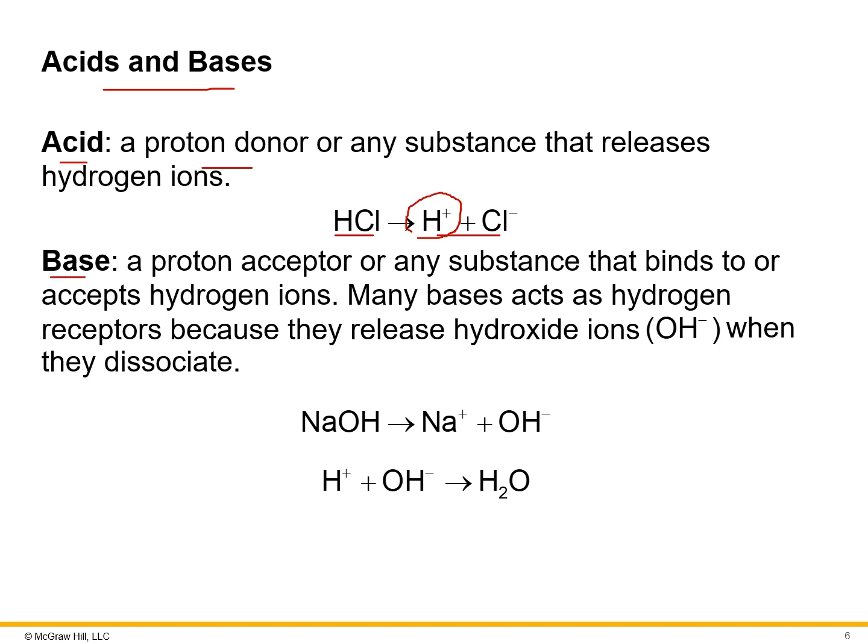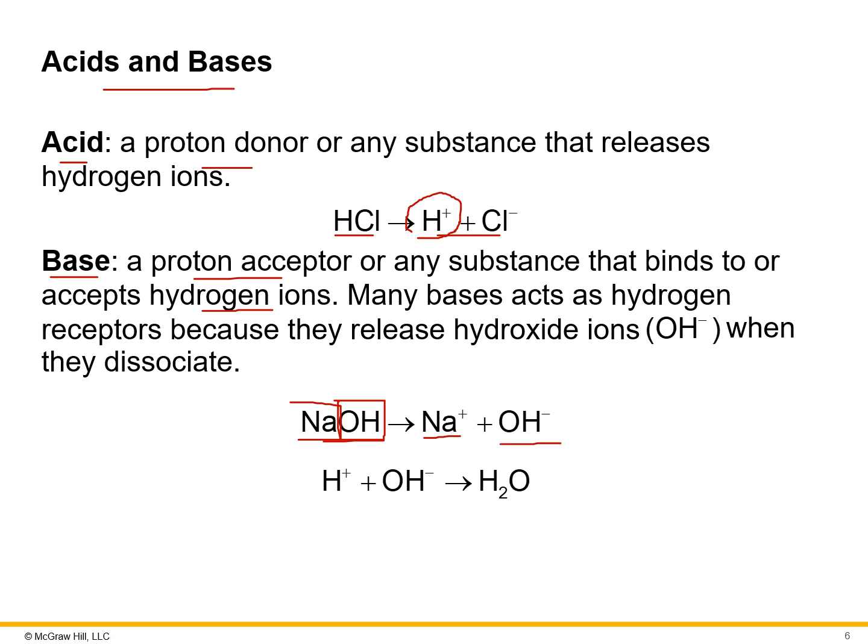The opposite of that is a base, which is a proton acceptor, or anything that binds and accepts hydrogen ions. For example, sodium hydroxide. Sodium is Na, and hydroxide is OH. Again, it dissociates into sodium ions and hydroxide ions.